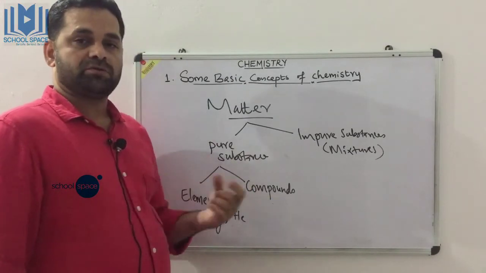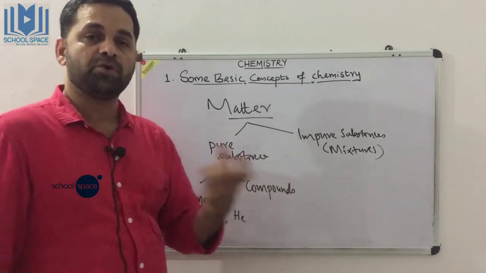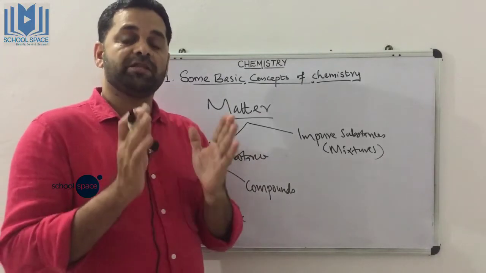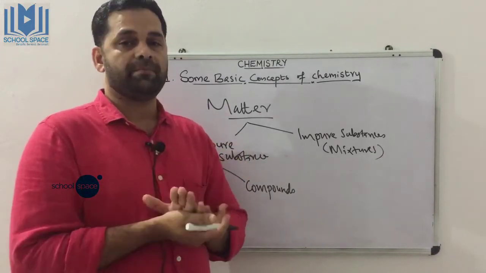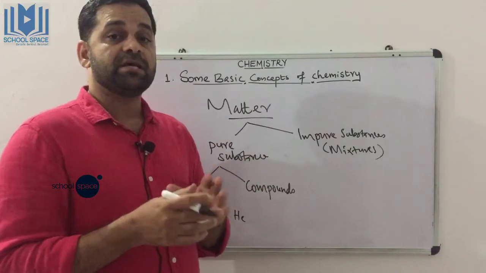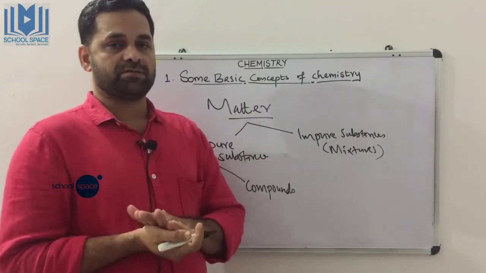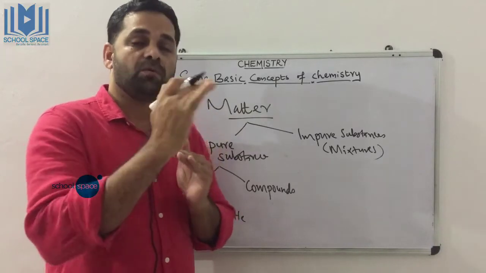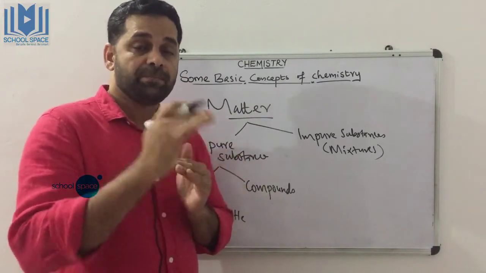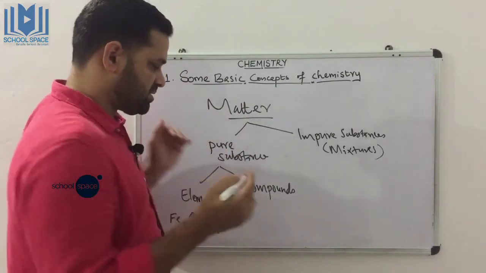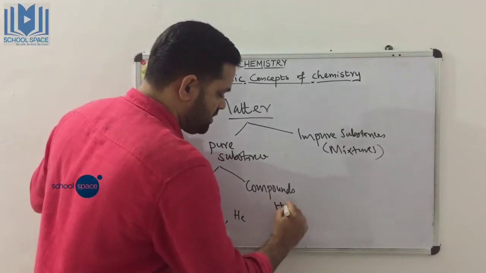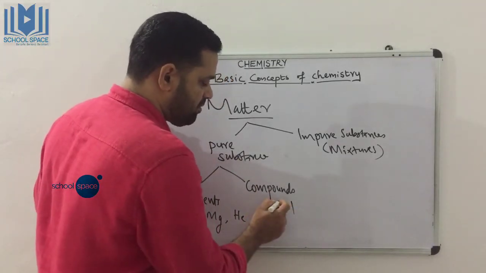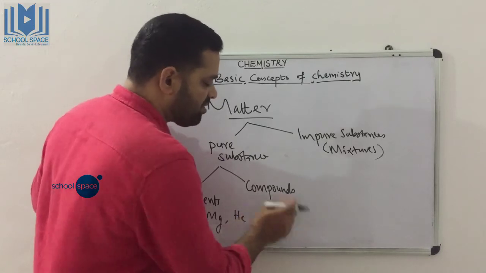And compounds. So what are compounds? Compounds are pure substances which are formed by the combination of two or more elements in a fixed proportion by mass. For example, HCl is a compound. It is formed by the combination of one hydrogen and one chlorine.